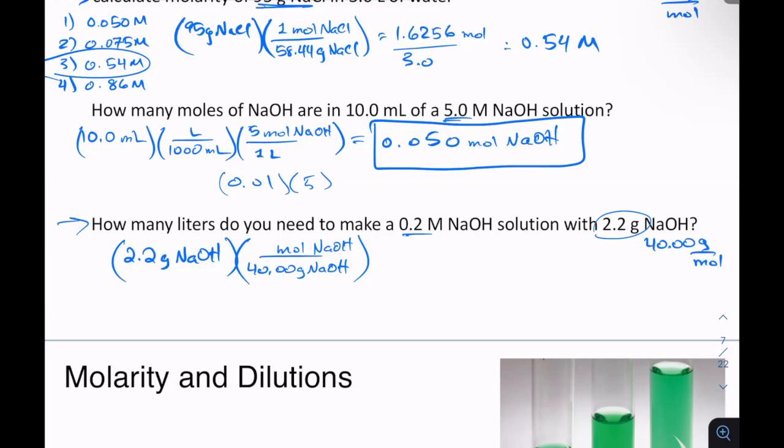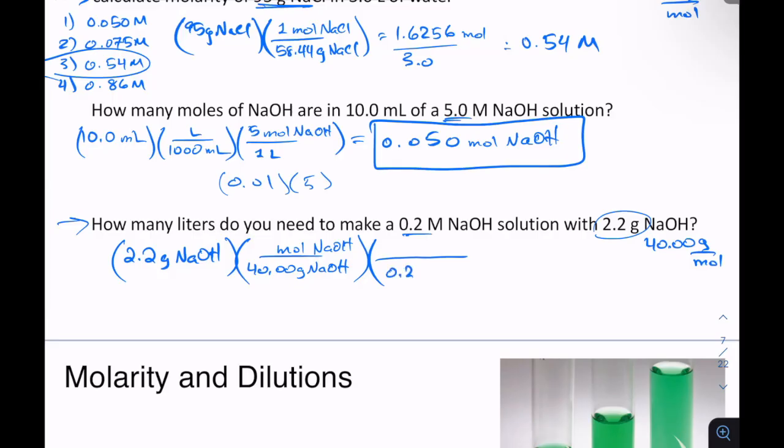Well, if I do this calculation, I'm going to have moles, right? But I'm not going to do that. I'm going to show you the next term. We want to get to liters. So we're going to still use the target molarity as a conversion factor. However many moles of NaOH we calculate, we now have this term.